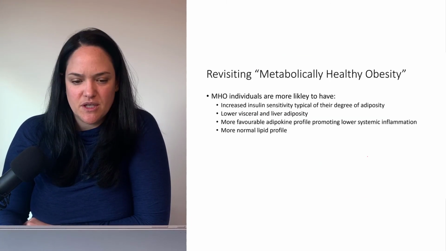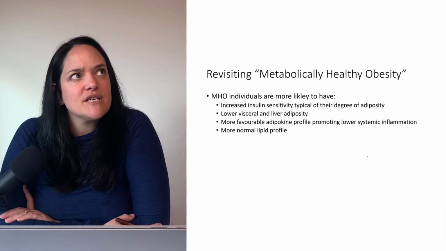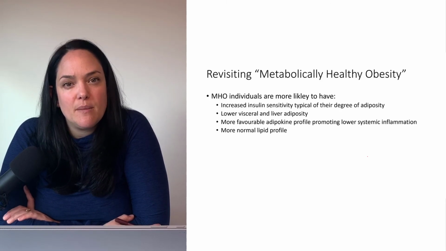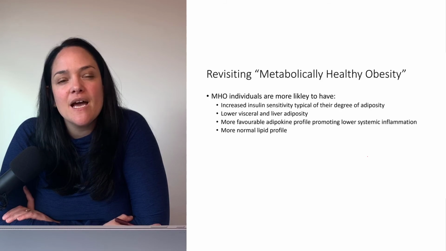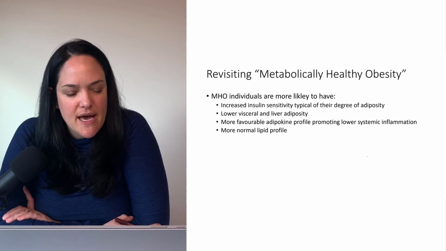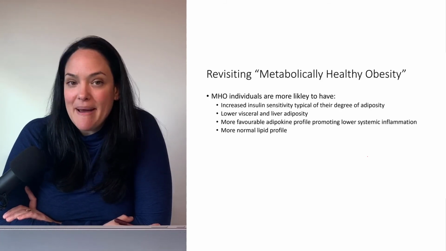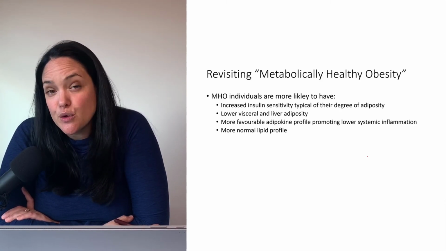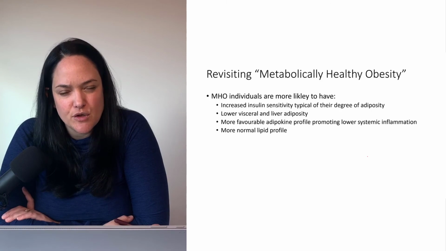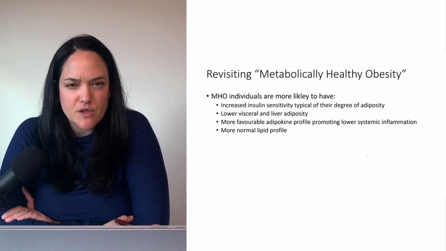Okay, so interesting relationship. This again brings us back to that conversation about metabolically healthy obese. So we looked at that when we talked about inflammation and obesity, and it may or may not go beyond just the inflammation or reduced inflammation that we see in some individuals with obesity compared to other individuals with obesity.